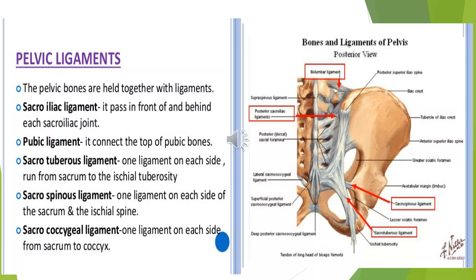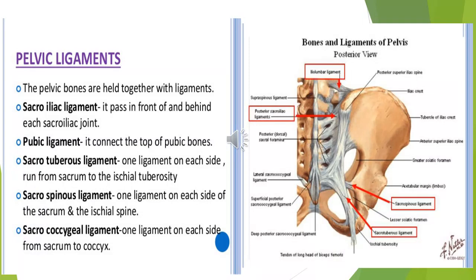As you know how the bony pelvis is formed, there are joints, as well as ligaments, connecting these pelvic bones together. Some of the ligaments are the sacroiliac ligament, between the sacrum and ilium. Anteriorly, where you have the pubic bones, there is the pubic ligament. There is the sacrotuberous ligament, which you have already seen, connecting the sacrum and the ischial tuberosity.